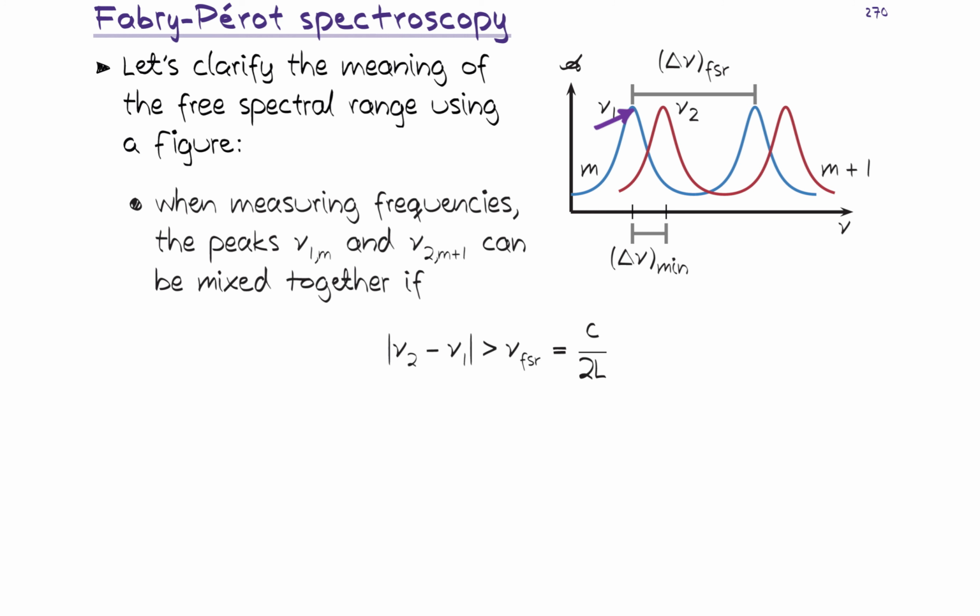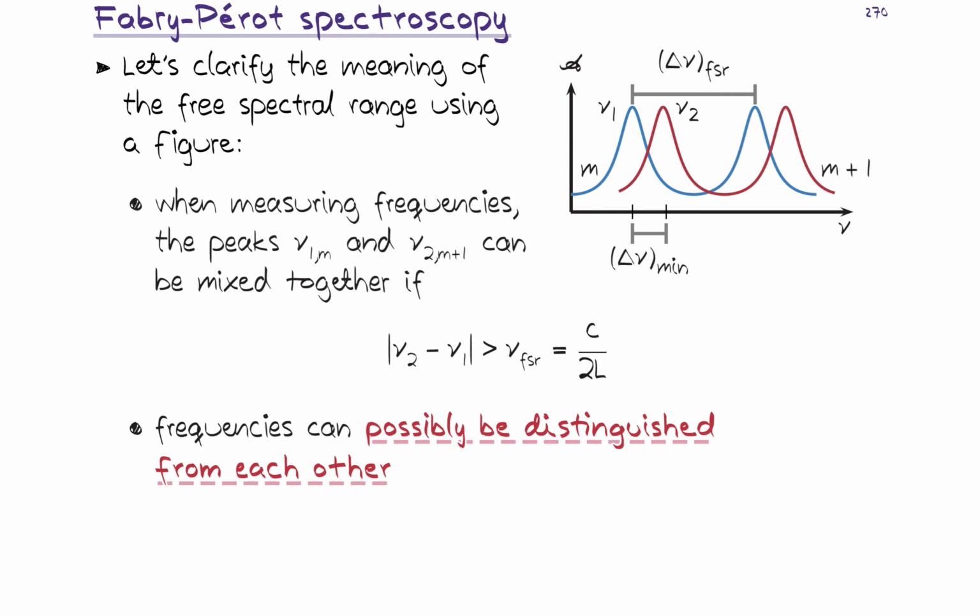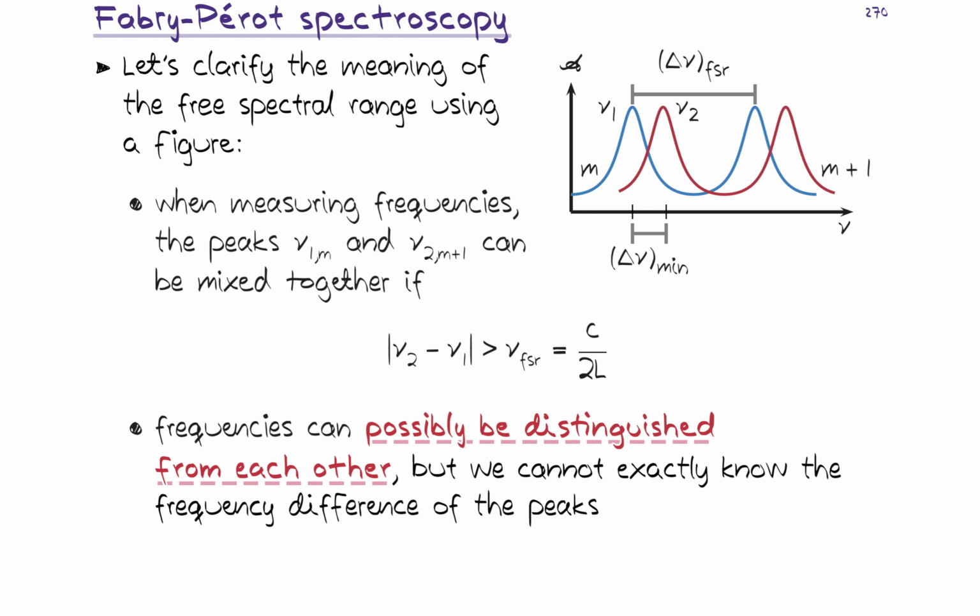But if the difference is actually larger, I may no longer be sure whether it is just a difference in frequency, or some integer m of frequency difference. So the trouble here is how we can possibly distinguish the peaks, the frequencies, from each other in a unique way.